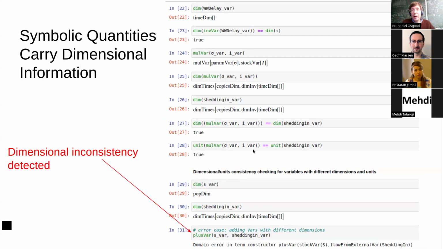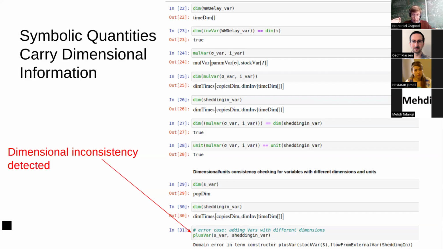This one, and this says it is. Notice she's sort of consing up these formulas, like multiplication of these variables, but she's able to take their dimension. She's able to take their units because they are unit and dimension bearing quantities.